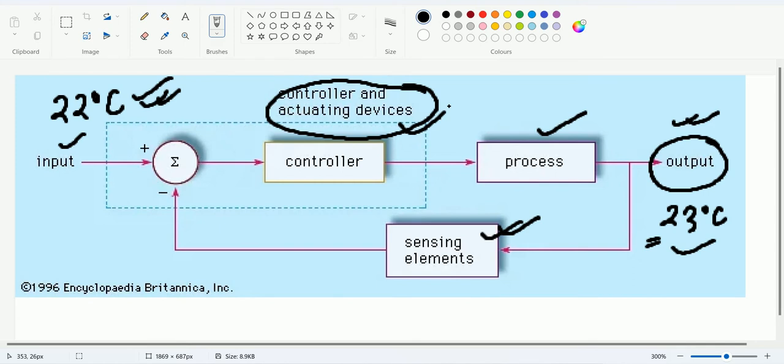So in this way the room temperature is maintained. This is just an example of the feedback control system. The same process is used in controlling the quality of the products in the factories in the modern large scale industries.